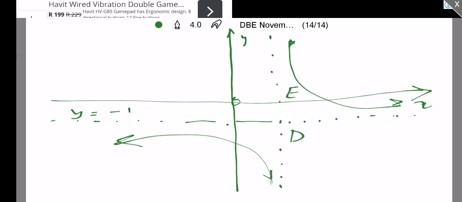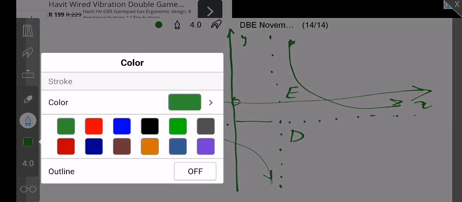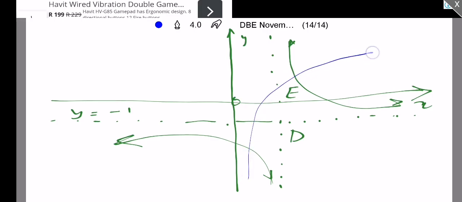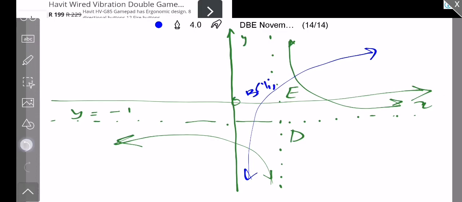Let's draw the graph of f with a different color. The y-intercept of graph of f was at point B, which is (1, 0), sorry, let me just make that clear.